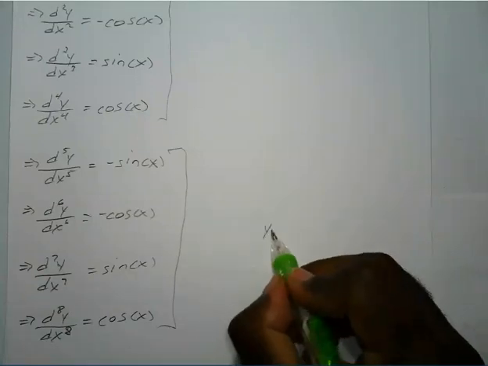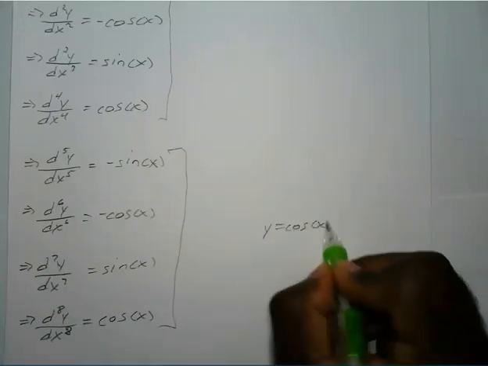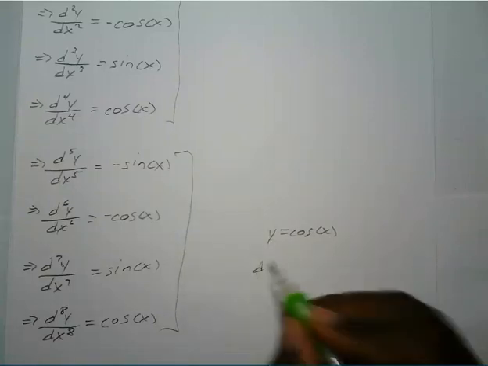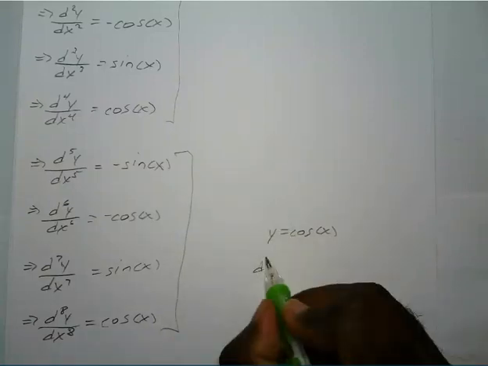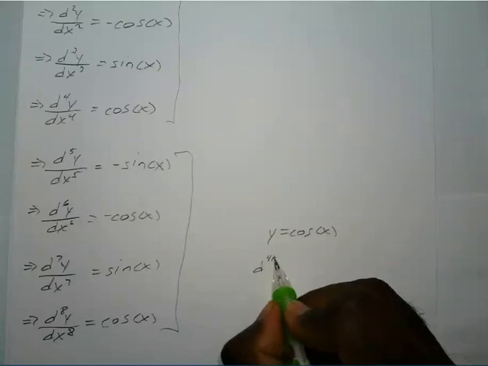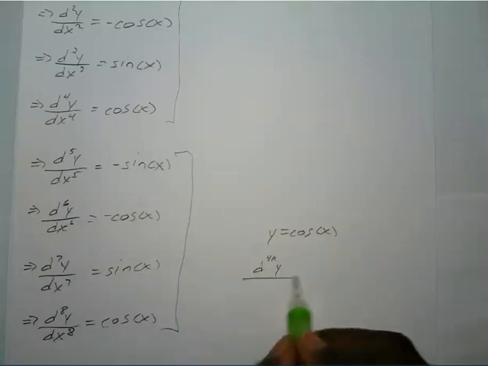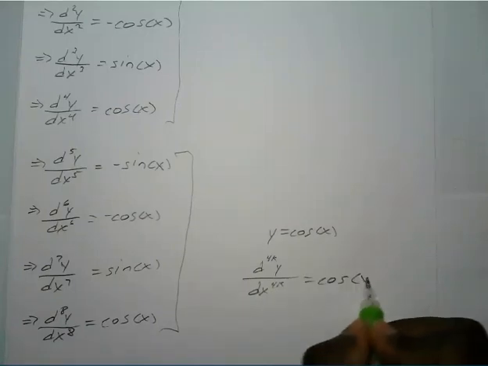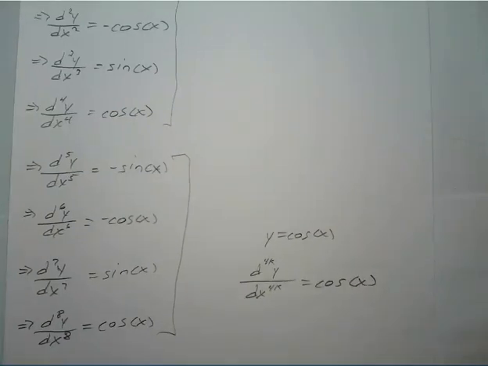Okay, so we know that when y is equal to cosine of x, the fourth multiple derivative is going to equal cosine of x. Okay, and again, that's going to be very important, and you'll see why when we start doing the examples.